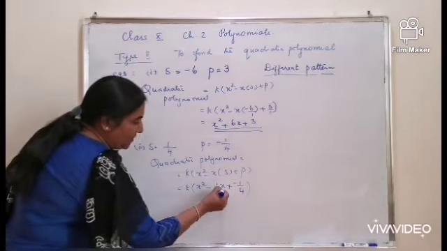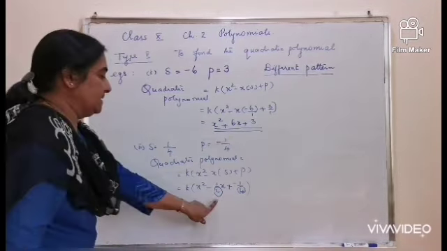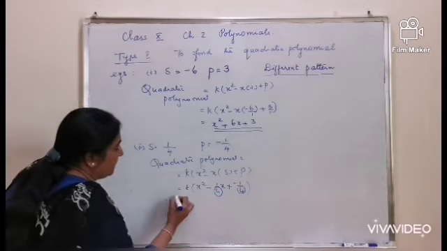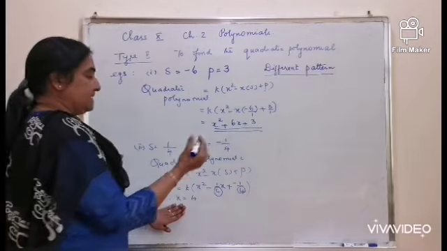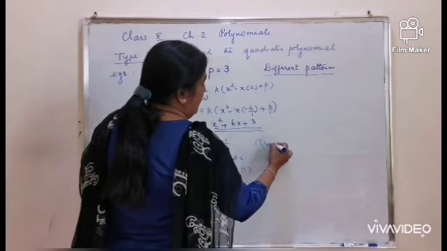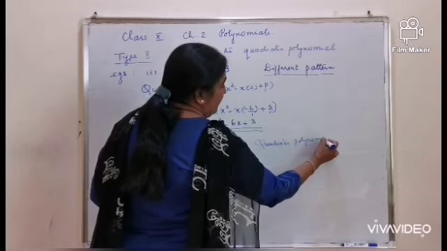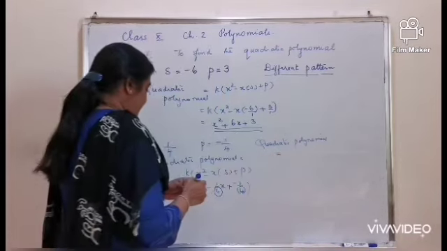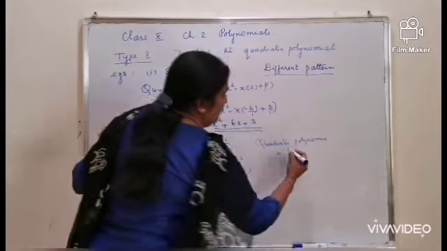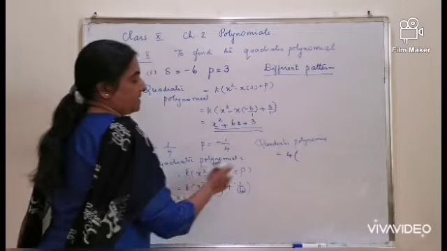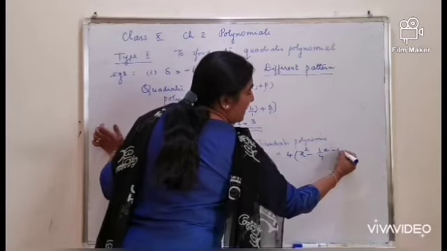You can see both the denominators are 4. Therefore, the value of k you can assume as 4. That is, the quadratic polynomial is equal to 4 into, by replacing the value of k, 4 into x square minus 1 by 4x minus 1 by 4.